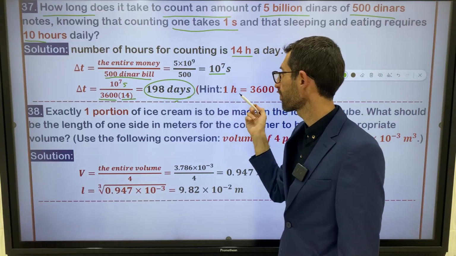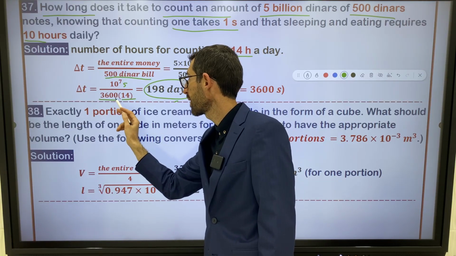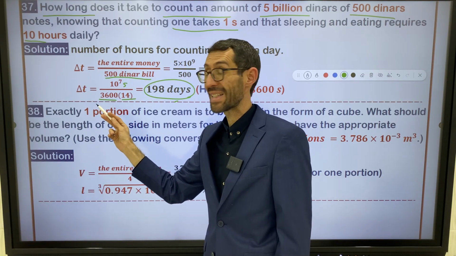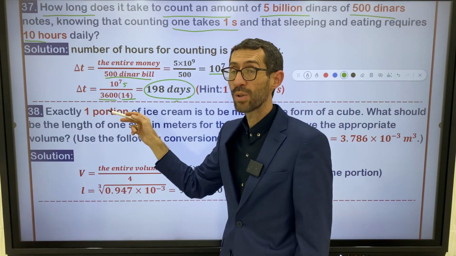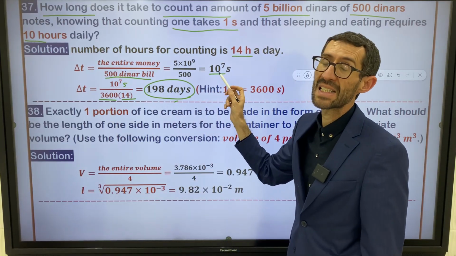In this situation, 14 hours, you have to convert hour here into the second, because why do you convert it into the second in this fraction? Because we have 10 to the power 7 second.